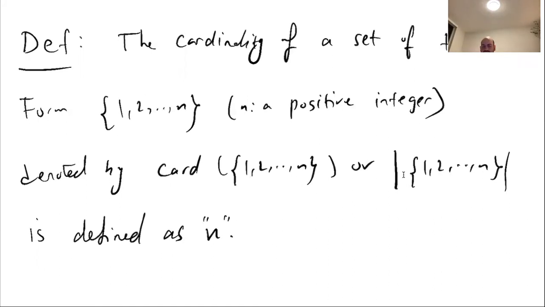Cardinality means number of elements, and if you have a set of the form 1 to n, naturally we define it as n.